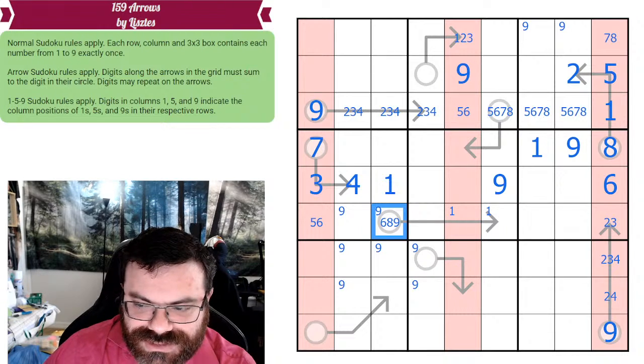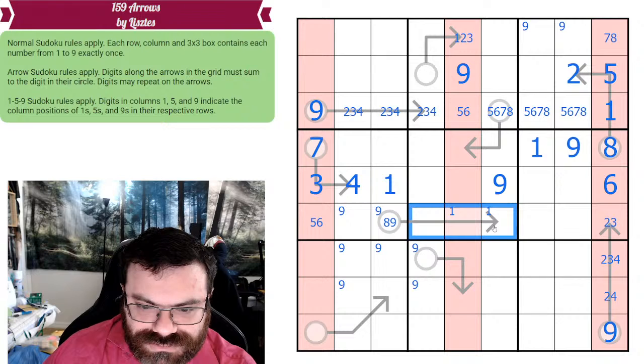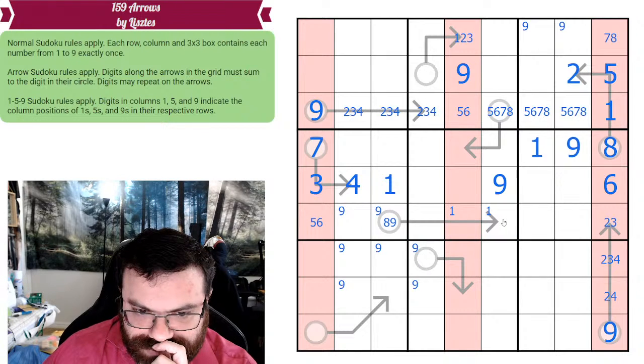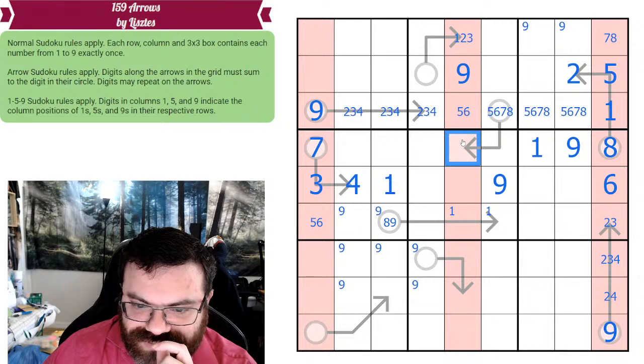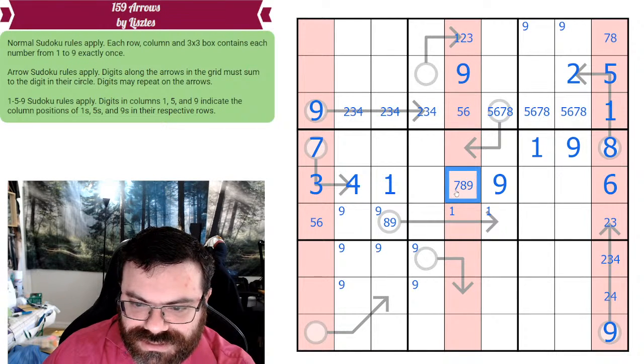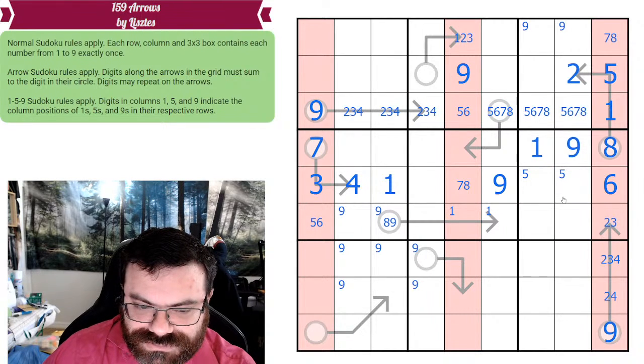Oh yeah, this can't be a 6 for sure. This isn't a 7, 8, or 9. This isn't a 7, 8, or 9. So this is the 7, 8, or 9, and it can't be 9. And that puts a 5 in one of these two.